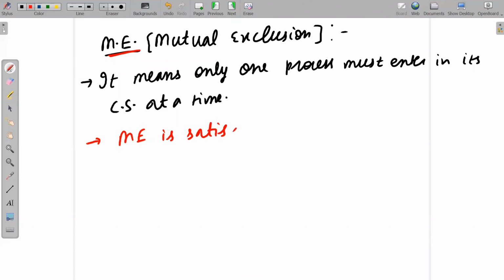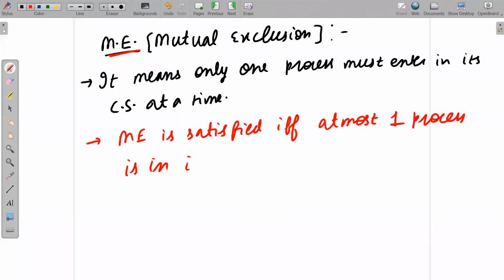ME is satisfied if and only if at most one process is in its CS at a time. This is a very beautiful point: at most one process. If nobody is in the CS, that is also good for mutual exclusion. If only one process is in the CS, that is also good.